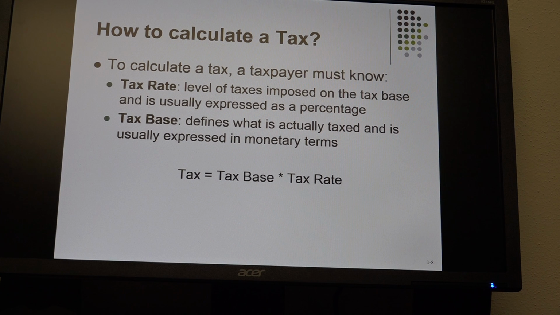You would think that to calculate the amount of taxes, you would simply take the total amount that an individual earns, let's say the $30,000, and multiply that by 1%. Well, that's not how it works in the federal system.